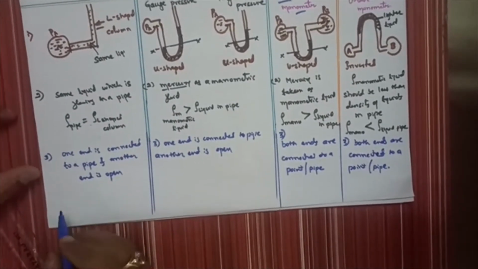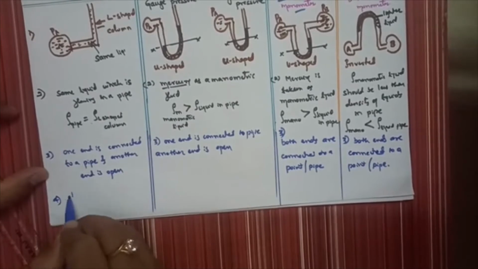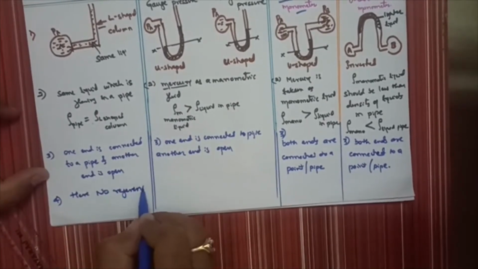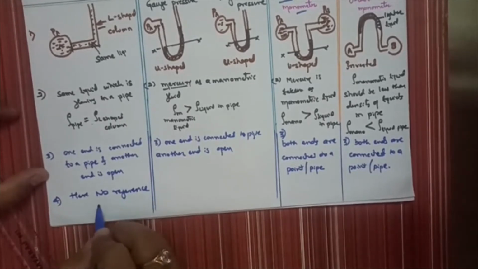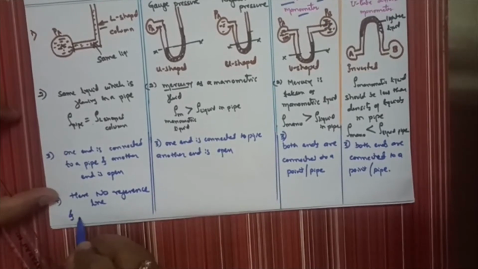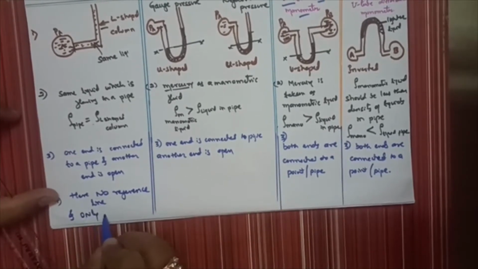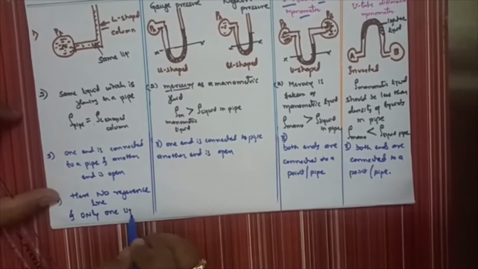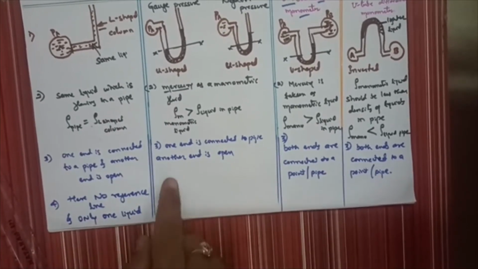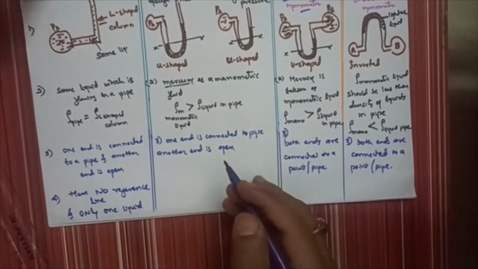The fourth point: here there is no reference line, and here it is only one liquid. But how many liquids are there in the U-tube differential manometer?